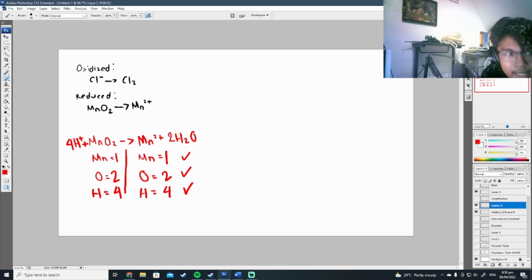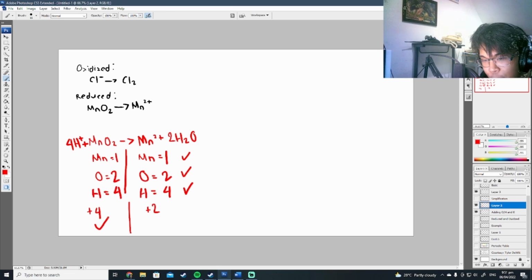The last part is balancing out electrons. On this side we have plus 4, and on the other side we have plus 2. As you can see, these two numbers are not balanced. To balance it out, what we usually do is add electrons to the side which has the higher number.